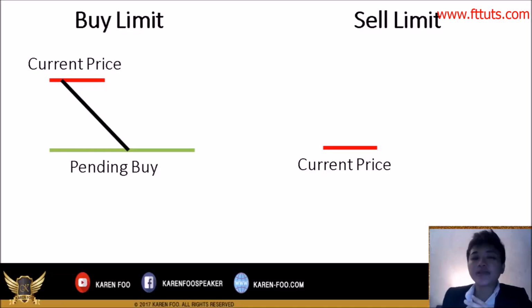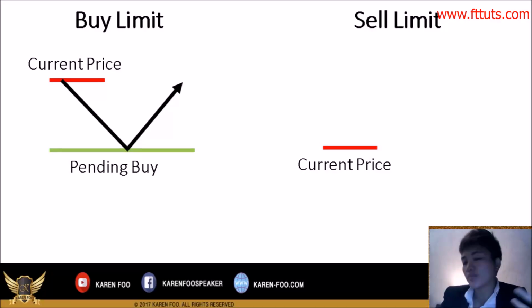So when you have this pending buy order executed already, you would hope that the price will eventually go back up. So that's what I mean by a more favorable price. You're buying at a lower price as compared to the price that you have now. And when it comes to sell limit, it's the other way around. Let's say you have a current price that is lower than where you want to execute at.